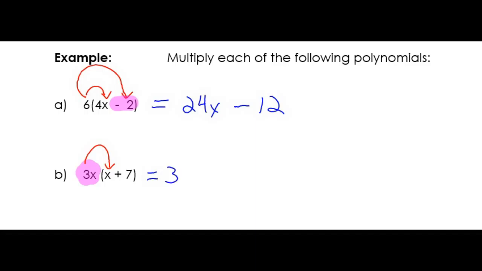And then x times another x will give me an x squared. Moving on to my second term in the binomial, 3x times positive 7. Well, 3 times positive 7 gives me positive 21. Since there's no variable to multiply the x with, it just gets tacked on to the end here.